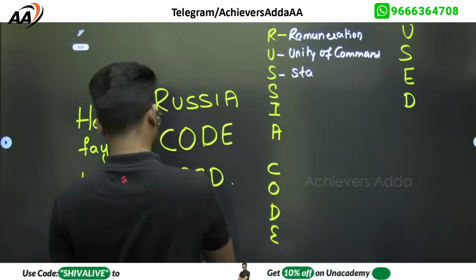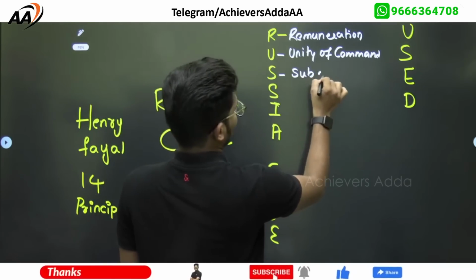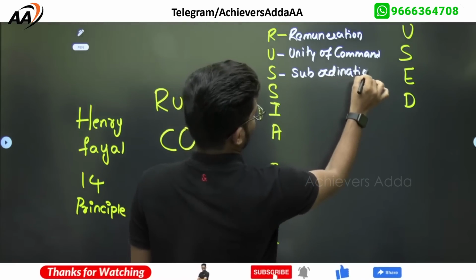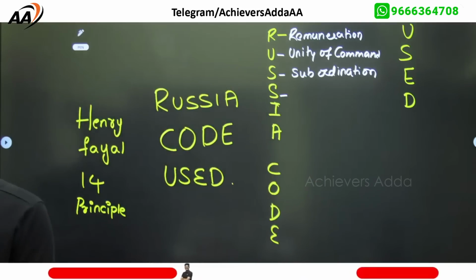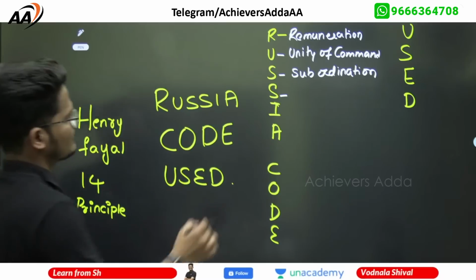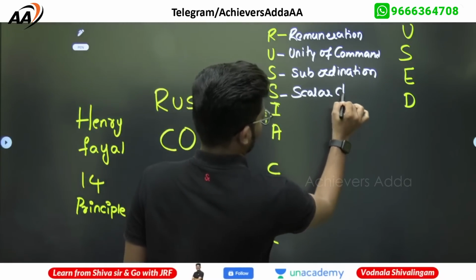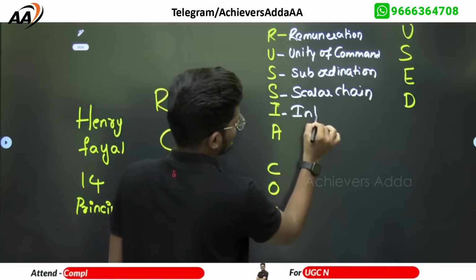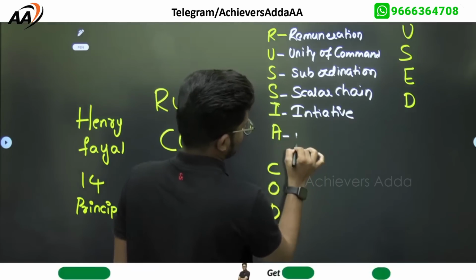Subordination, I believe. And yes, another S, scalar chain, correct. Initiative. Authority and responsibility.